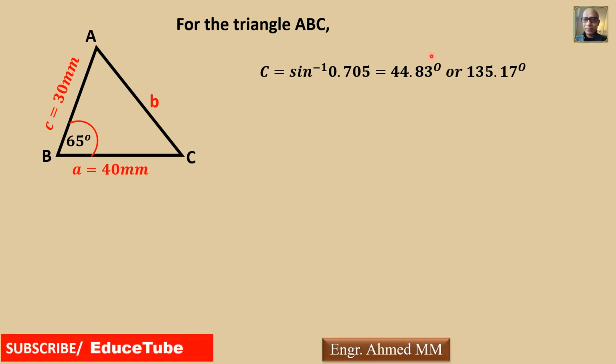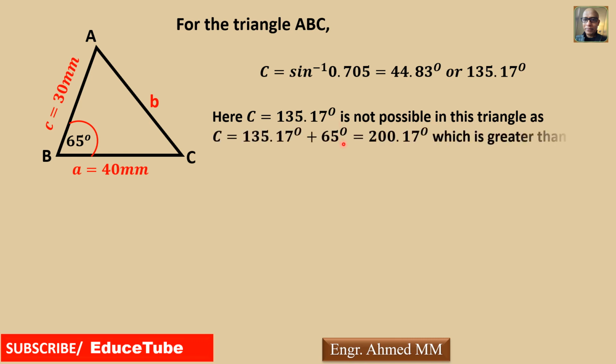This equation from the previous slide I brought here. As I told, this 135.17 degrees is not possible in this triangle. Why? Because if this C is 135 and this is 65, adding these two comes to 200.17. But the summation of the three angles is at most 180, and this is more than 180.